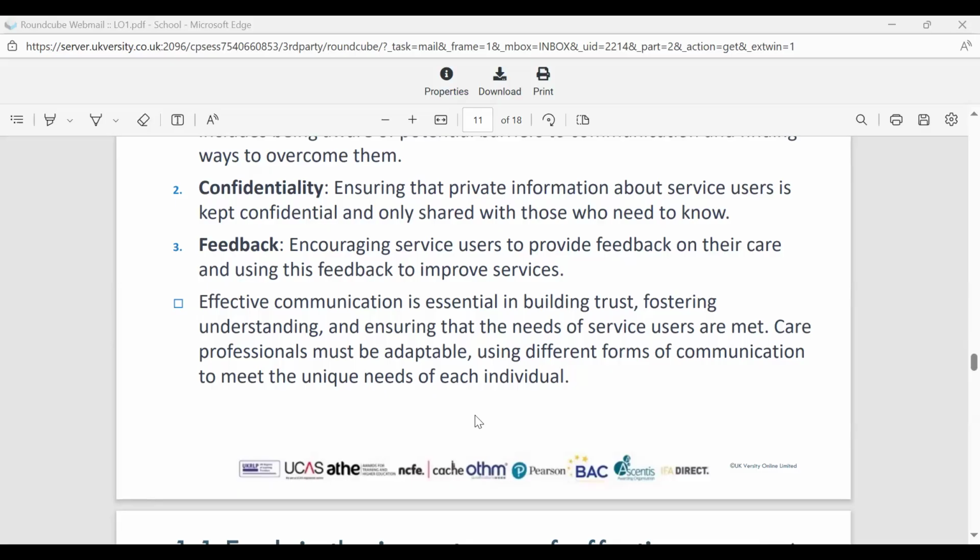Yes, it's really important for them to give you feedback on how to improve the service. It may be something they've seen as not going right, so they have the right to tell you. Give me an example of something they may tell you to improve. What about in a care home?